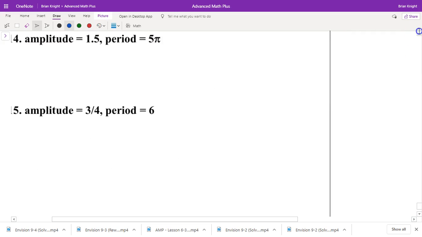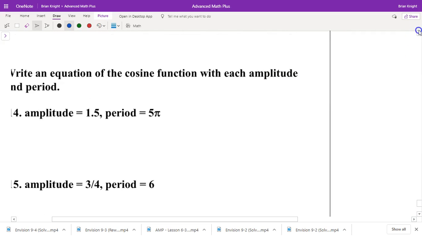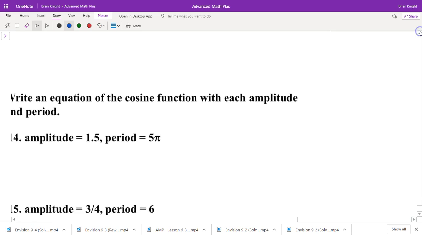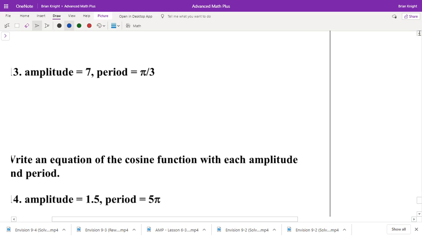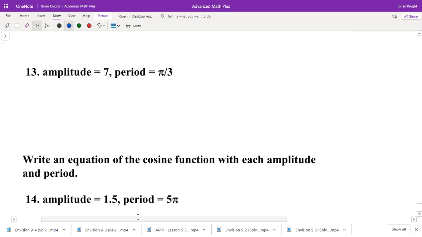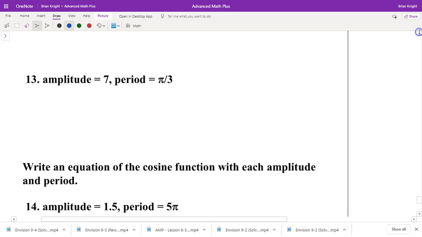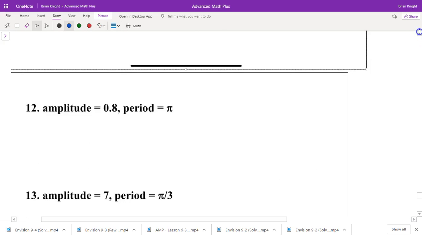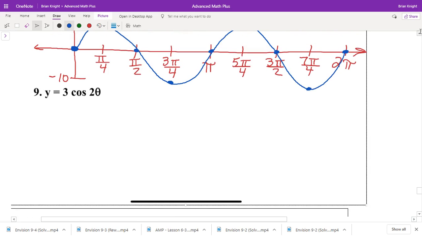What's my amplitude on number 9? 3. That's number 13, sorry. There we go. So my amplitude is 3, and my period will be 2 pi over, what is k again? 2.